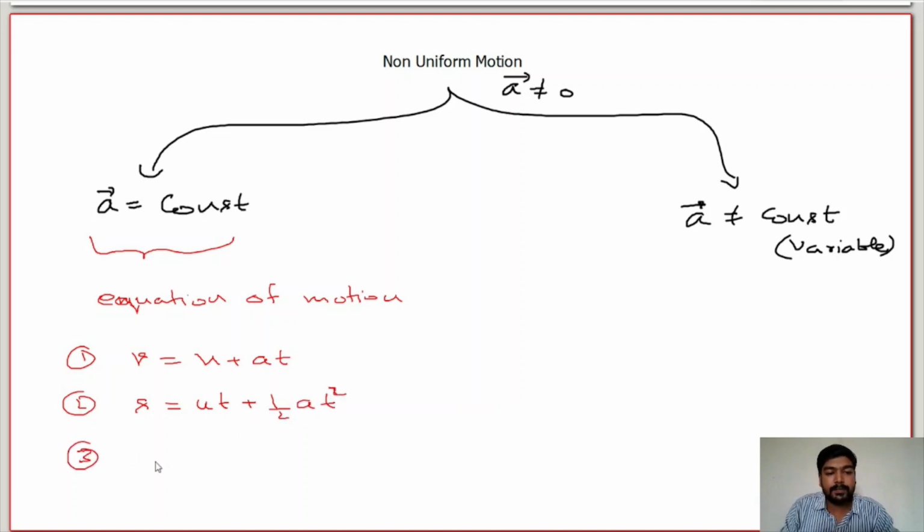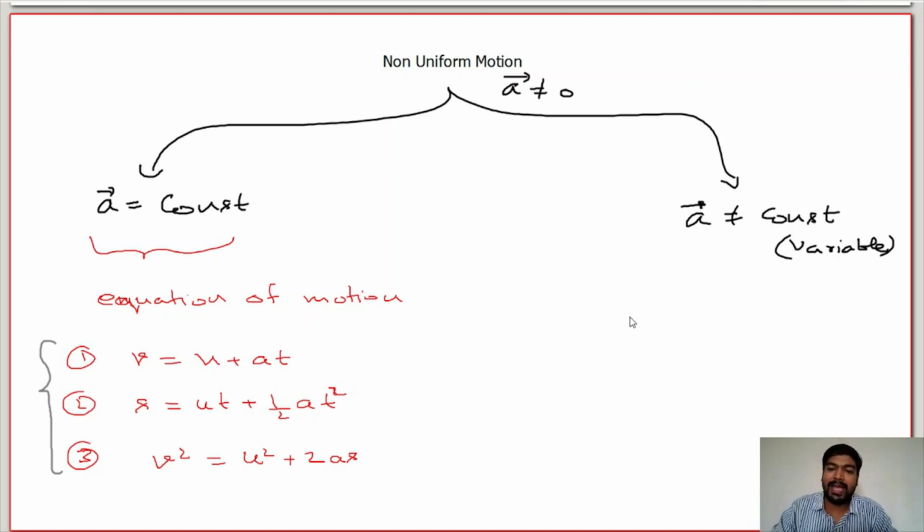And third one is v square equals u square plus 2as. I hope you all know about this, and this can be applied only when the body is traveling with a constant acceleration. So how will you solve the question if the acceleration is not constant, it's variable?